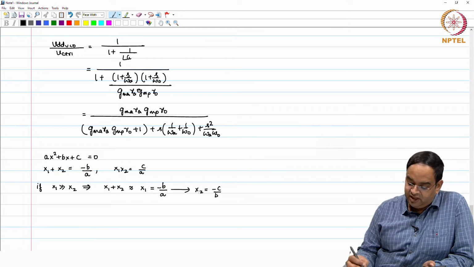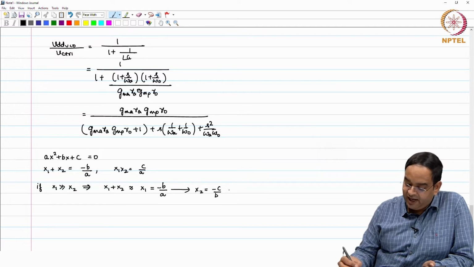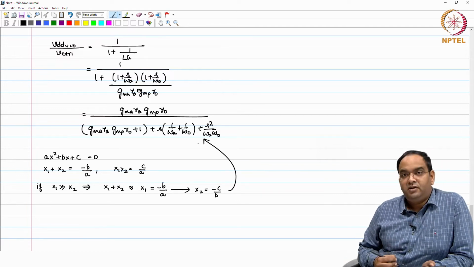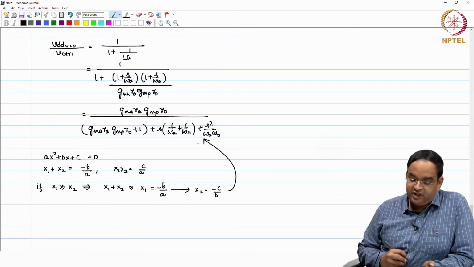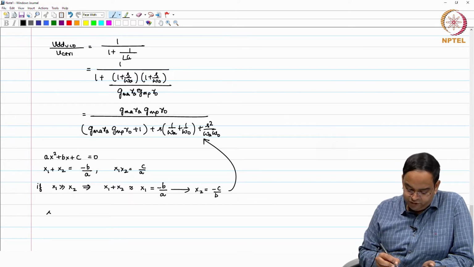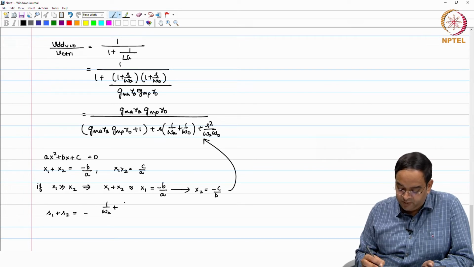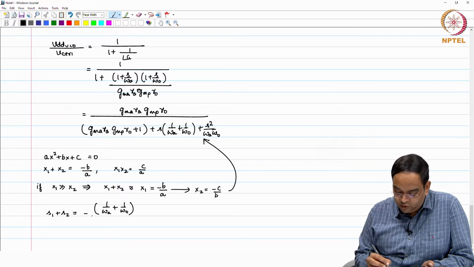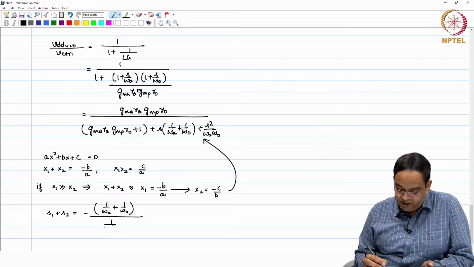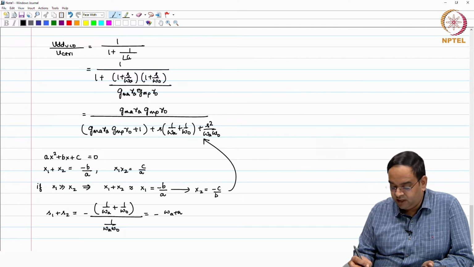Among these two poles, if I apply this concept here and want to find the two poles, I can say the sum of the two poles S 1 plus S 2 is equal to minus 1 by omega a plus 1 by omega o, whole divided by 1 by omega a omega o, which is minus omega a plus omega o.